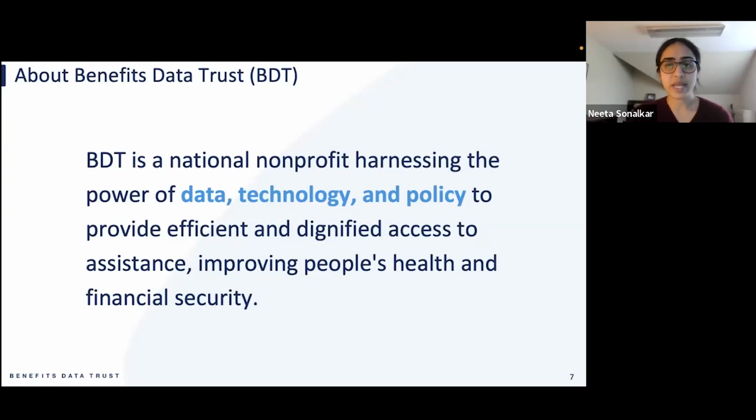We also work with government agencies to inform policy solutions to help change the whole system so it works better for everybody and streamline access. Since 2005, we've screened well over 1 million households and secured over $10 billion in benefits to help families pay for food, healthcare, housing, and other basic needs.